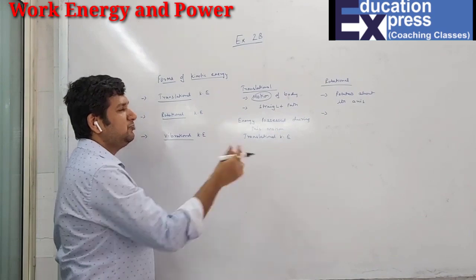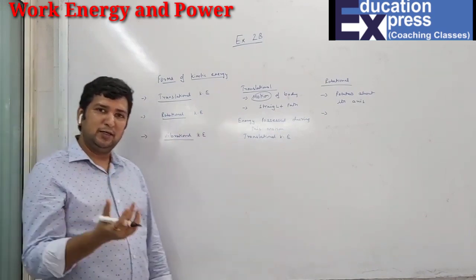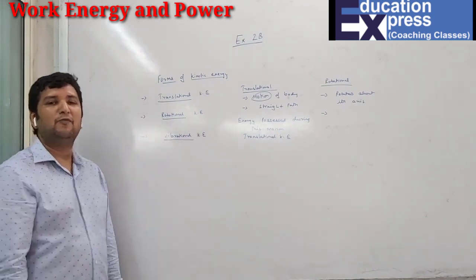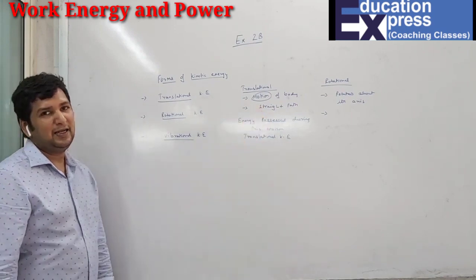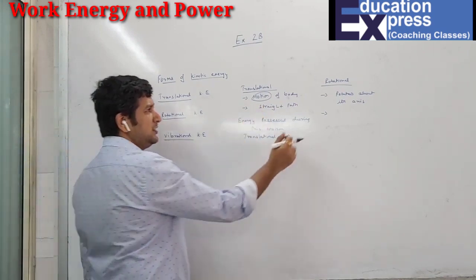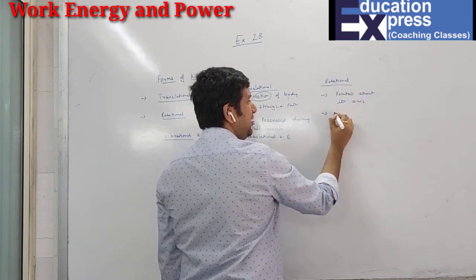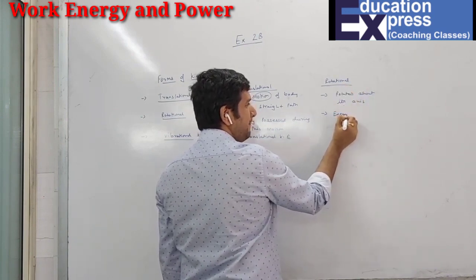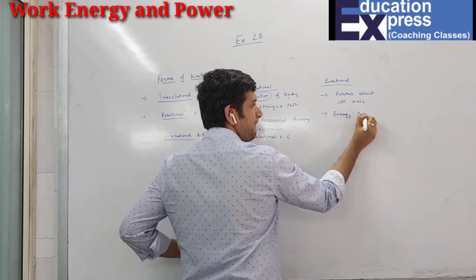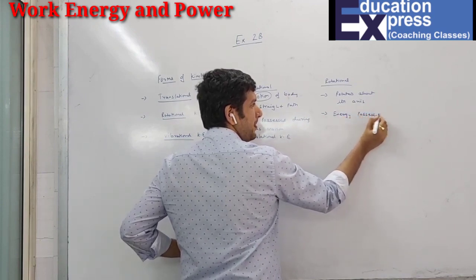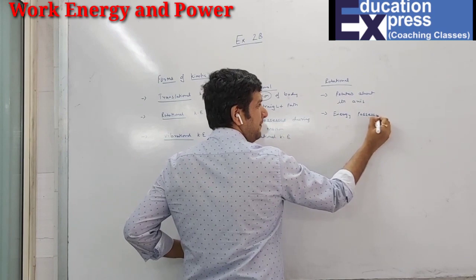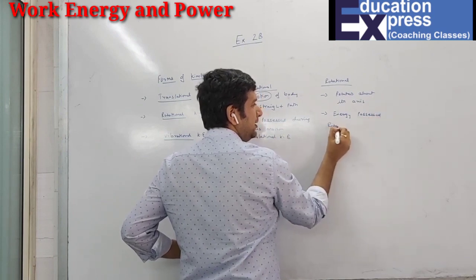So in each case, first you have to understand and explain the motion, and the energy possessed during the motion is obviously said to be the respective kinetic energy. So rotational motion is when the body rotates about its axis, and the energy possessed during this motion is said to be rotational kinetic energy.